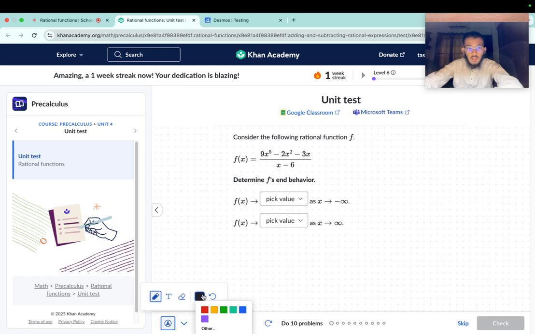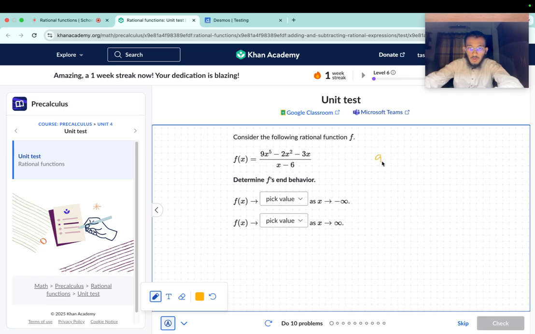Now we know that in order to determine a function's end behavior, we divide the maximum power in the numerator, which is 9x to the power 5, by the maximum power in the denominator of the same degree. Here we have an expression up to x to the power 5, but in the denominator we don't have one, which means that term is absent, 0 x to the power 5.